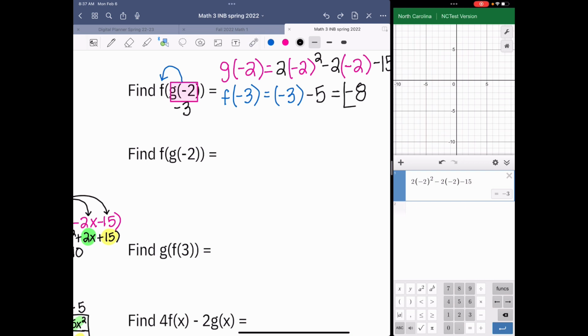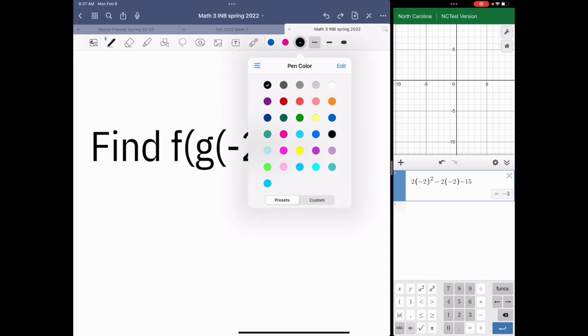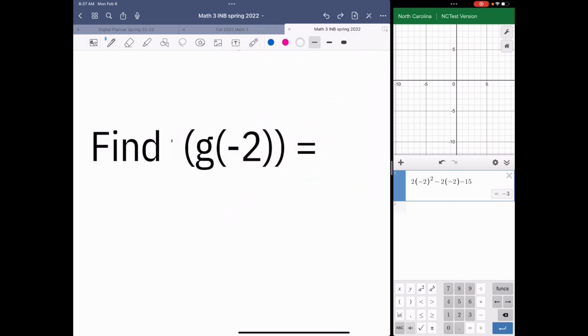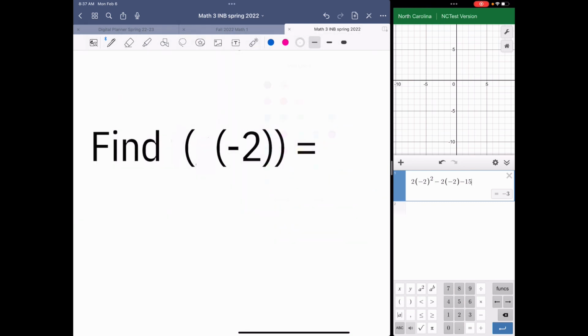All right. Now, for the other problem, this was a typo, so if you'll fix this on your paper, we're going to turn this into a g. So we're going to take this right here, and we're going to rotate the f and the g, because I wanted you to see that they come out to be different answers.